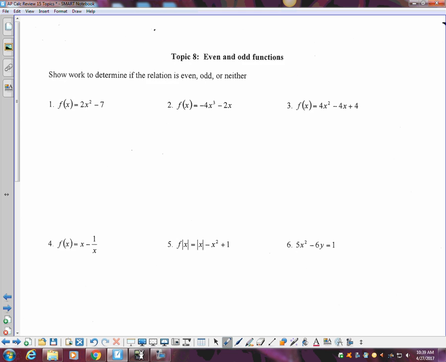Evens and odds. Show work to determine if you're even, odd, or neither. How do you tell? Ooh. Do we remember talking about this? Do we remember what you do?